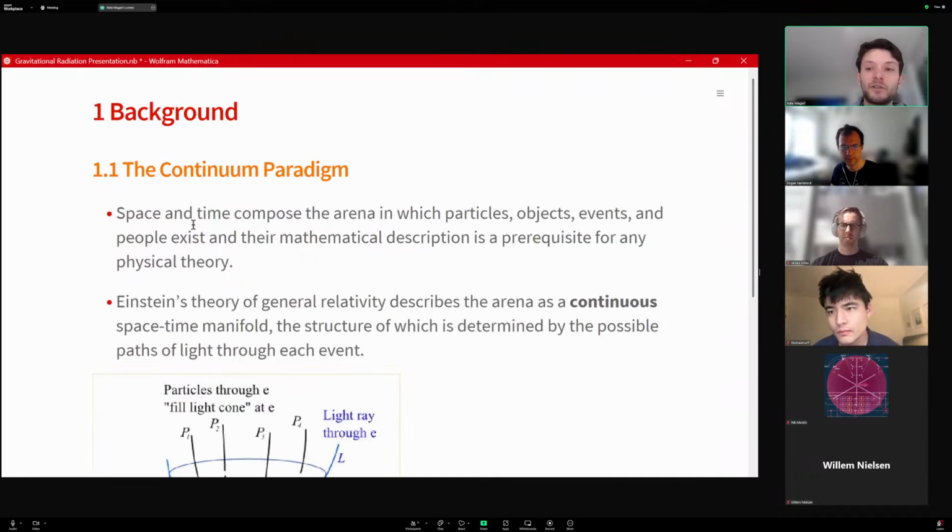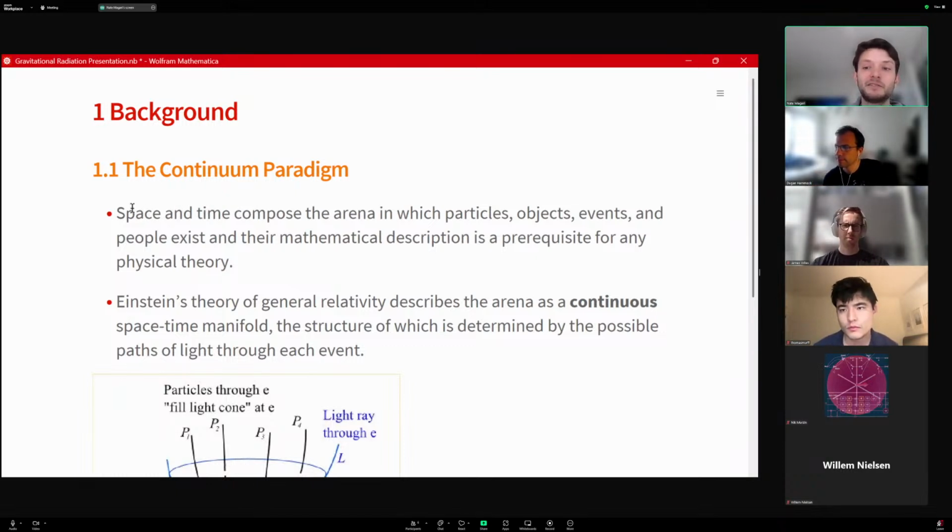Okay, so for the background, we're going to start with talking about the continuum paradigm. So it should be pretty obvious that any physical theory needs to have a good description of space and time. And historically speaking, the notions of space and time, whether they're continuous or discrete, has been a philosophical argument for thousands of years.